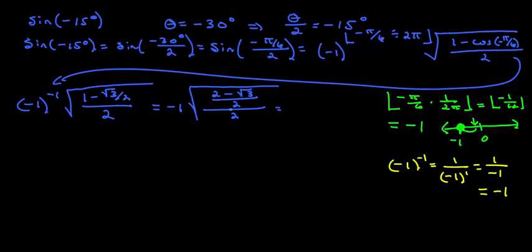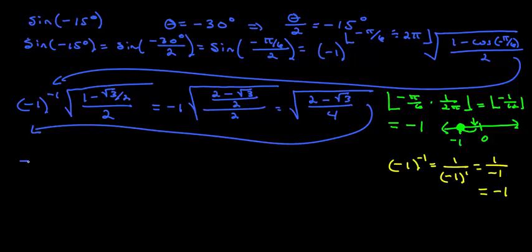And then this guy is going to be 2 minus the square root of 3 over 4. Which means that this guy, I'll probably write it like this, it's going to be 2 minus the square root of 3 all over 2, like that.